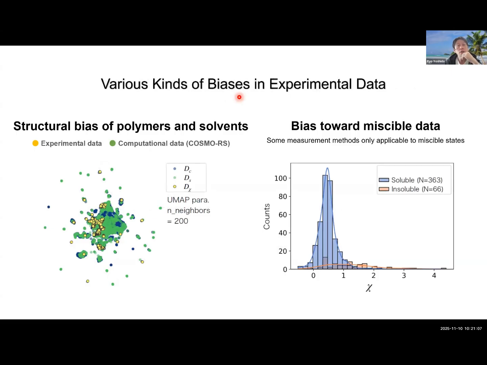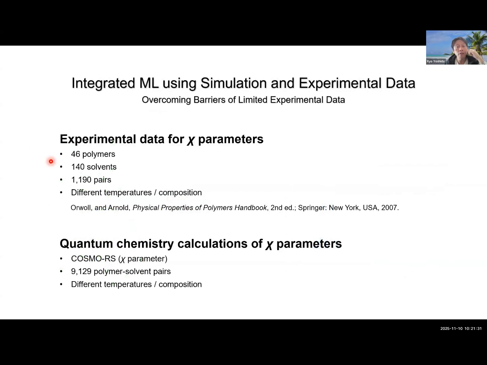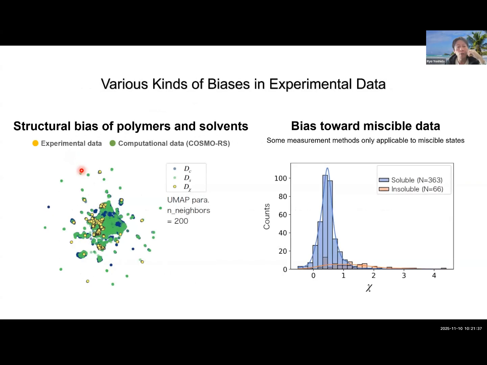This is very important because real-world data sometimes have critical bias in the data generation process. Such bias comes from the structural bias of the polymer and solvent. The number of polymers and the number of solvents is very small, so the polymers and solvents in the experimental dataset are distributed in a very narrow region of the huge material space.